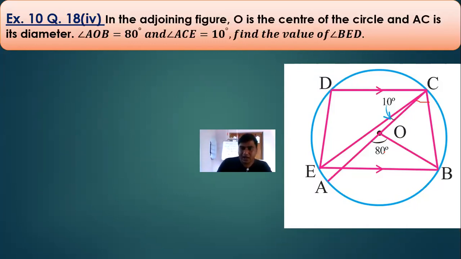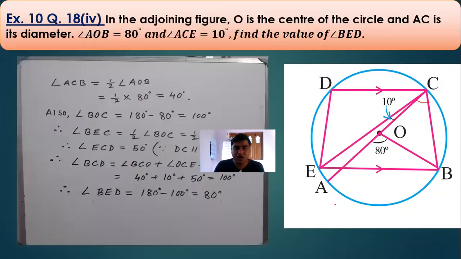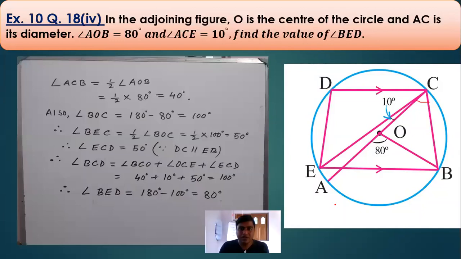AOB is the angle at the center and ACB is the angle at the circumference formed by the same arc AB. So angle ACB equals half of angle AOB. Half of 80 degree, so this angle equals 40 degree.